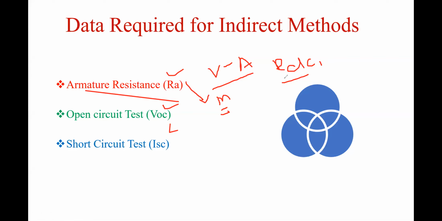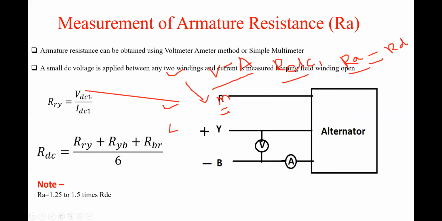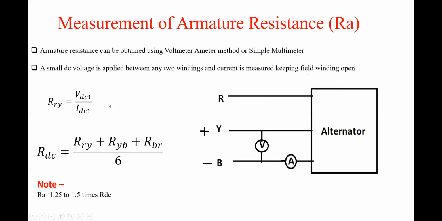According to that, I maintain the relation between the AC resistance Ra and the DC resistance. In this way I can calculate the armature resistance. This is the procedure to calculate the armature resistance.